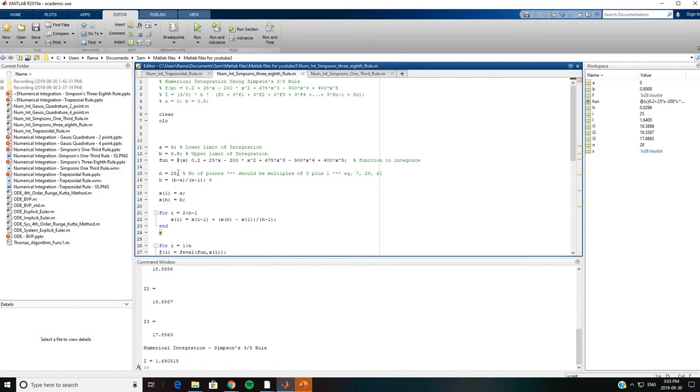When we change the value of n again to say 61 and rerun this case, we get the value of 1.640533, which is pretty close to the exact value.